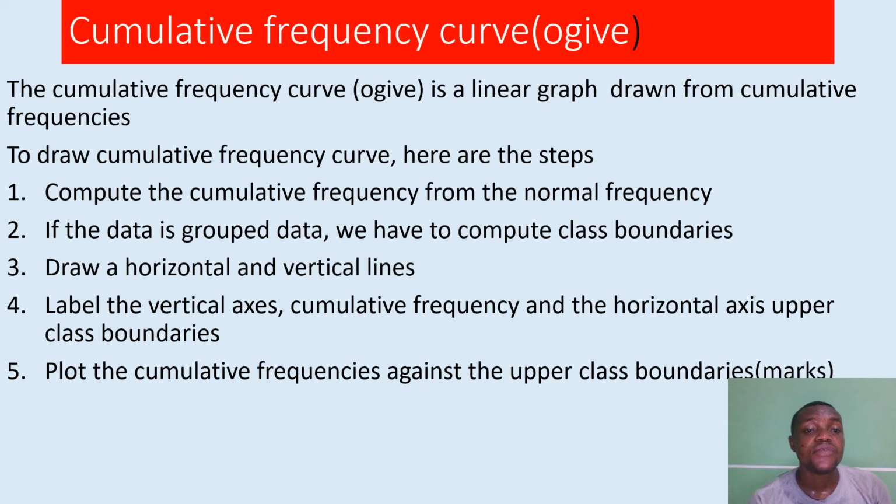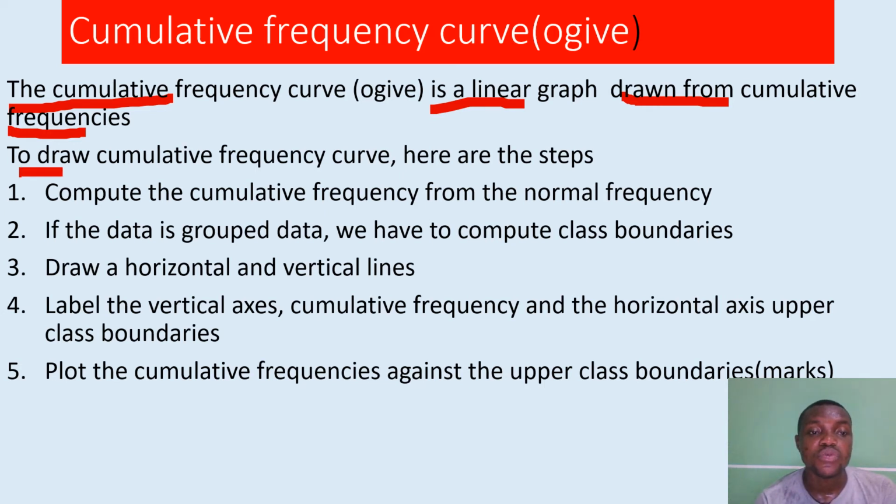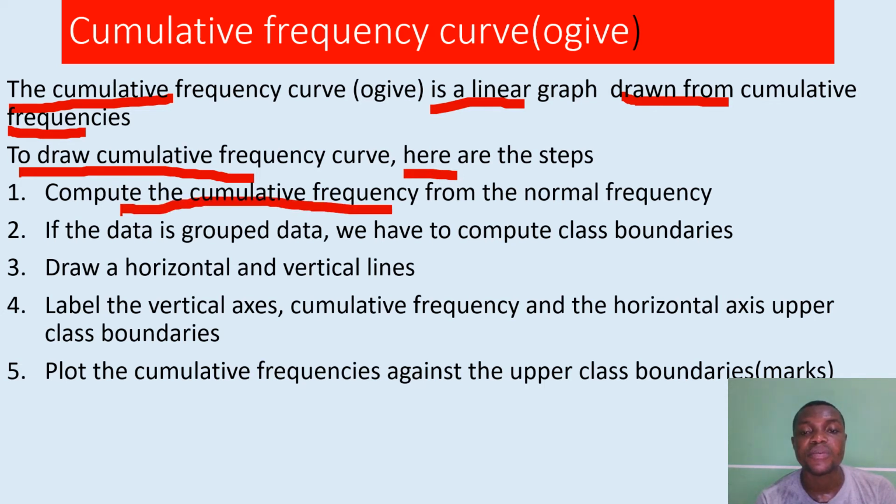The cumulative frequency curve, ogive, is a linear graph drawn from a cumulative frequency table. To draw a cumulative frequency curve, here are the steps. You compute your cumulative frequency from the normal frequency table.